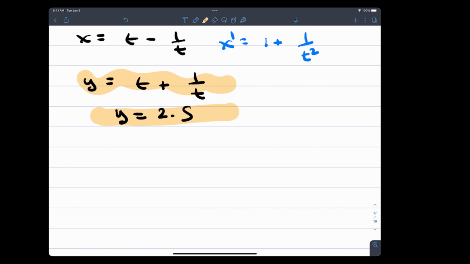One's a horizontal line and the other's not. Are you guys okay with that? So what do you do to get t? What is t now?